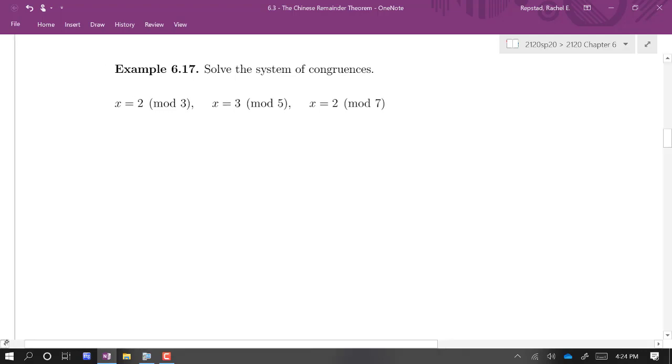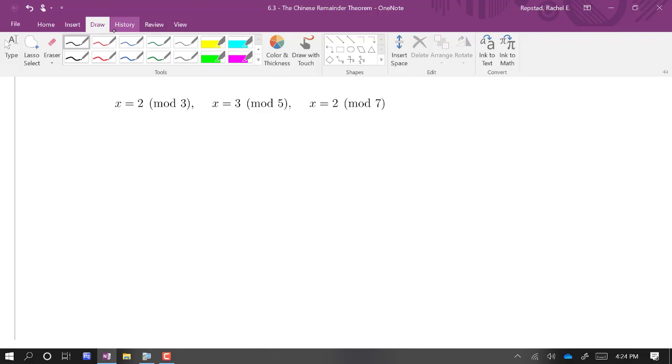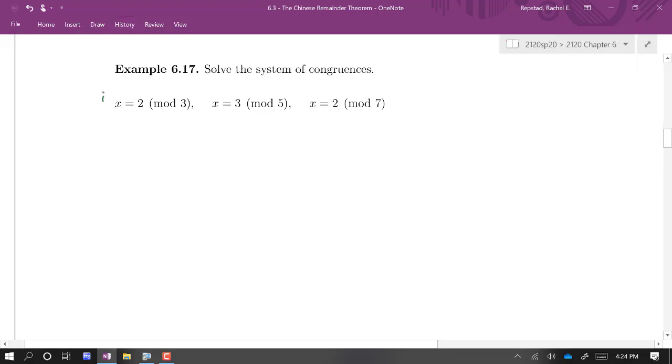I'm going to number these congruences: the first one, the second, the third. I'm going to take the first equation, x is equal to 2 mod 3, and rewrite it. If it's 2 mod 3, that means it's 2 more than a multiple of 3. So we could say that x is 3 times some integer r plus 2.